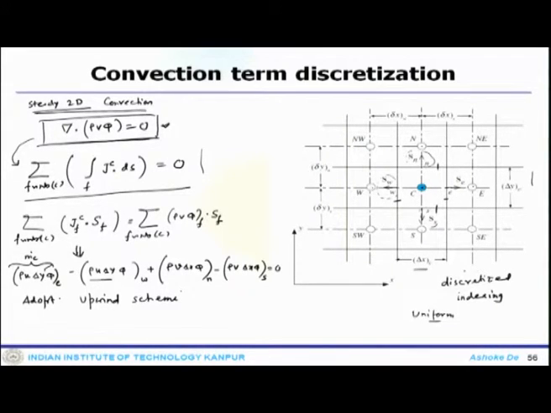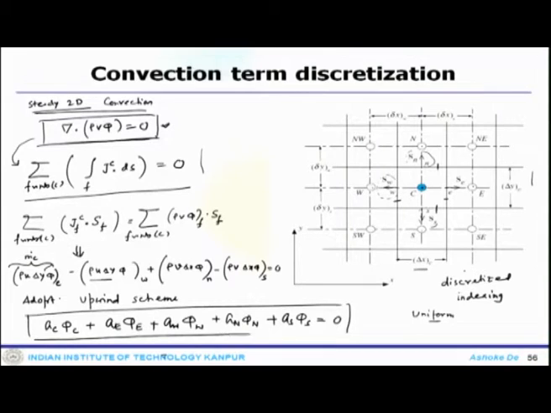Treating the flow to be locally one dimensional, the discretized system is A_C phi_C plus A_E phi_E plus A_W phi_W plus A_N phi_N plus A_S phi_S equals 0. So that is what you get for a two dimensional system.